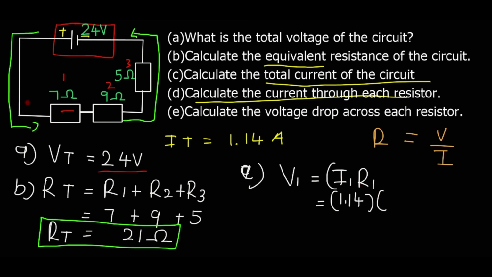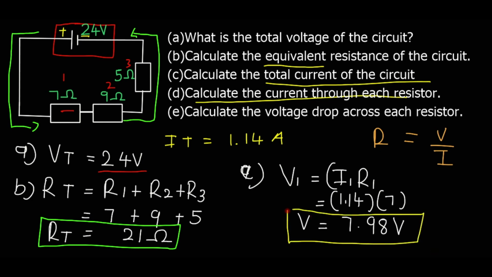R1 is 7, so it will be 7, and 7 times 1.14 is 7.98 volts, with the unit of voltage. So this is our answer for V1.